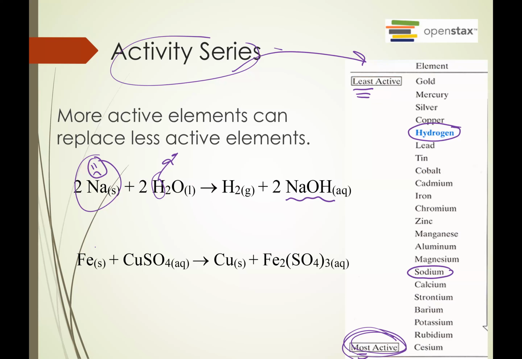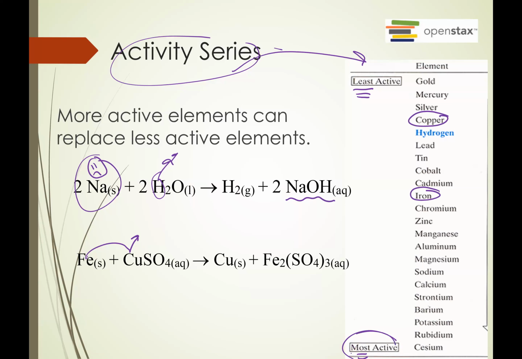Let's look here. So is iron going to kick out copper? Or is iron going to kick out sulfate? Copper, right? So we look, can iron kick out copper? Well, here's copper. Here's iron.